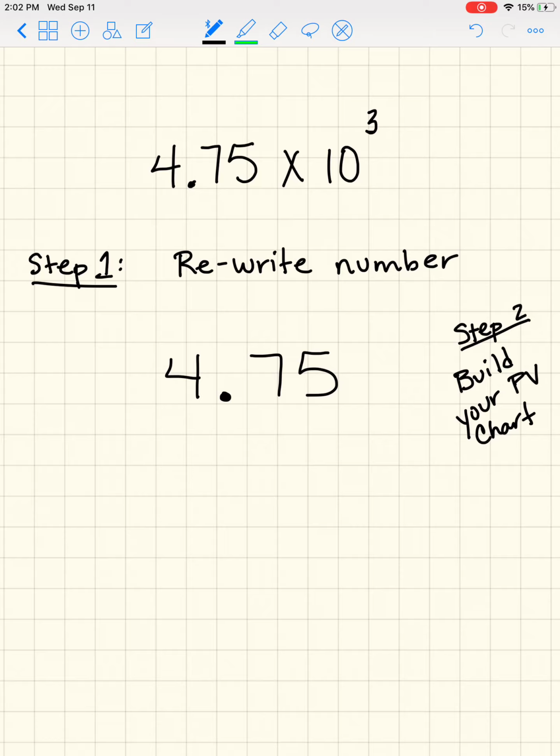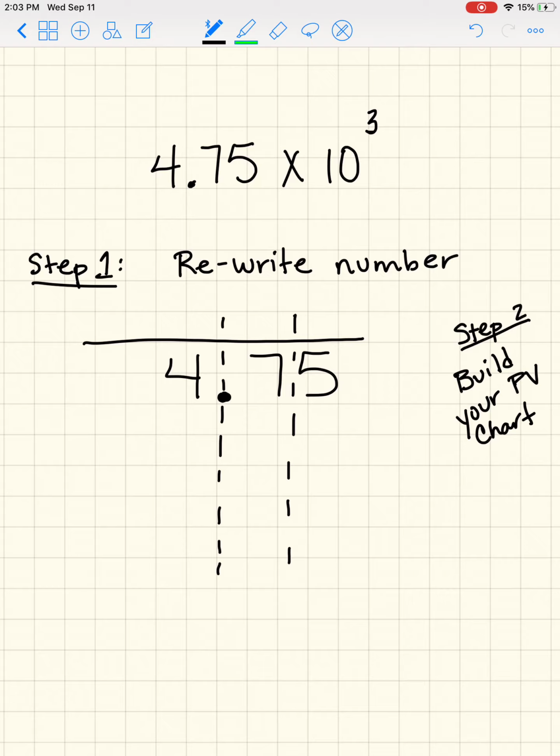So now I'm going to build my place value chart. I'm going to just draw a little kind of dotted line in between each of these digits in my number. And I'm going to label my place values. So I know that the decimal separates our whole numbers from our parts of a whole, or fractions, or decimals.